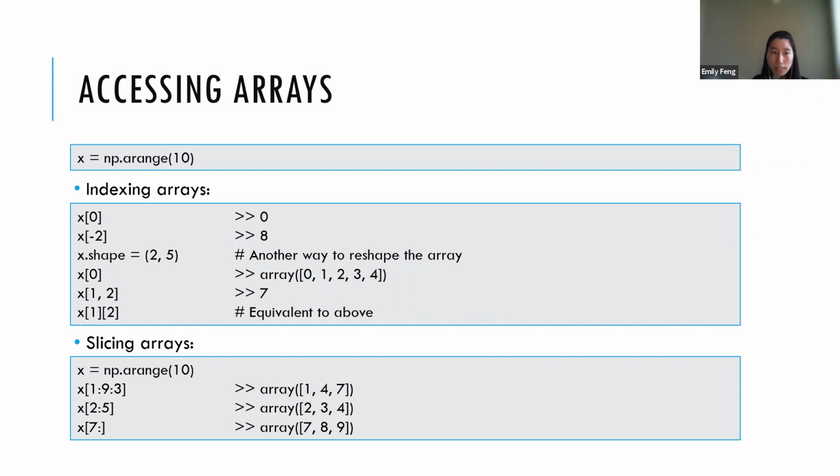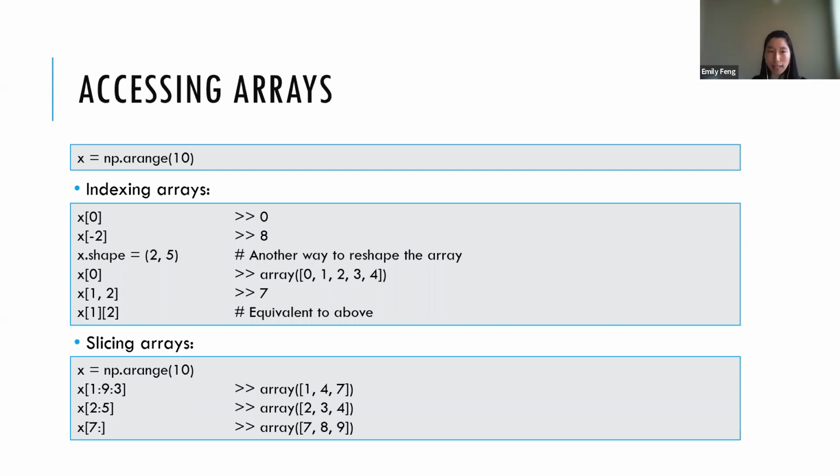You can also index two-dimensional arrays, and it's pretty similar. So right here, I just reshaped X into a 2x5 instead of a 1x10 array. This is another way to reshape the array. And if you only include one index, so X of 0 on a two-dimensional array, it will give you the first row as an array.